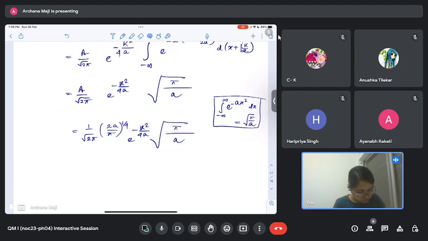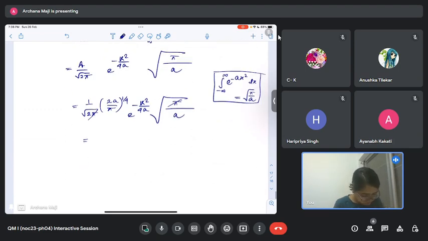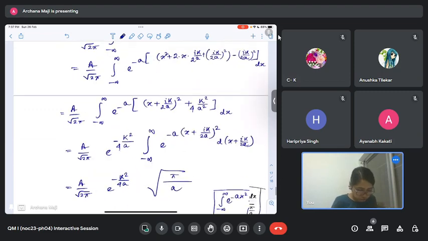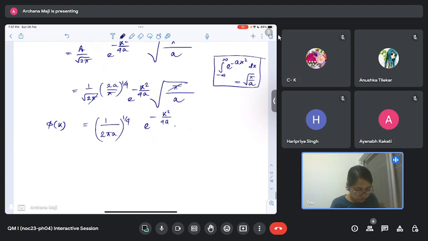So this pi gets cancelled, and if we simplify, 1 over 2 pi a to the power 1 over 4 exponential minus k square over 4a. Okay, so that is what? That is phi of k. So this phi of k we have obtained.